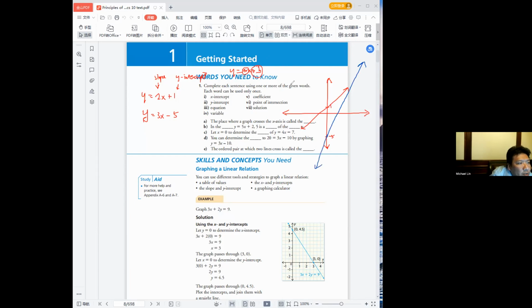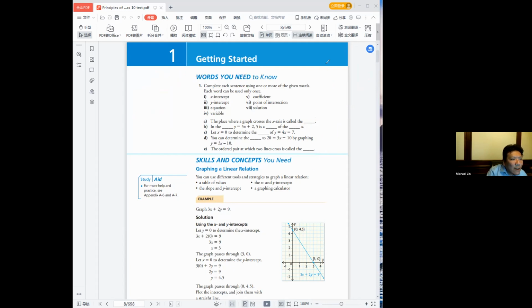And essentially, wherever these 2 lines intersect, that point of intersection is going to be the solution. Because this point of intersection is guaranteed to be on both lines, right? That x and y coordinate will be on both lines. So therefore, the idea behind solving linear systems graphically is to look for the point of intersection that satisfies both equations.